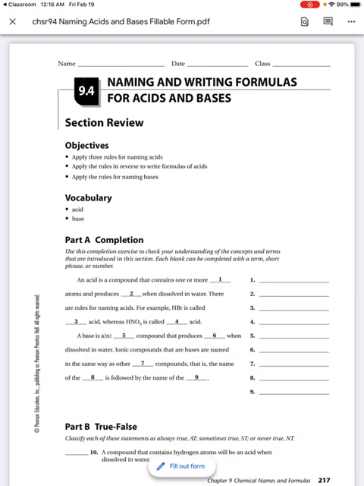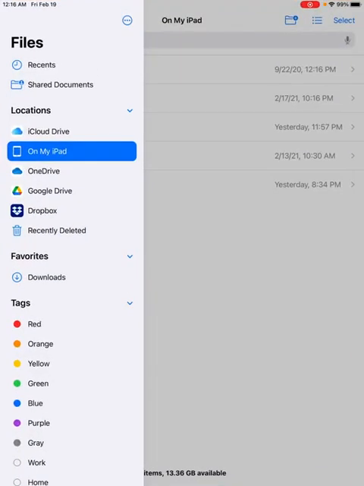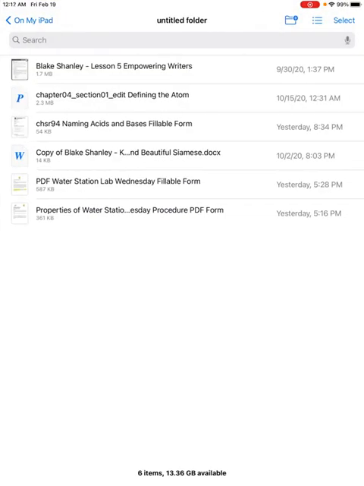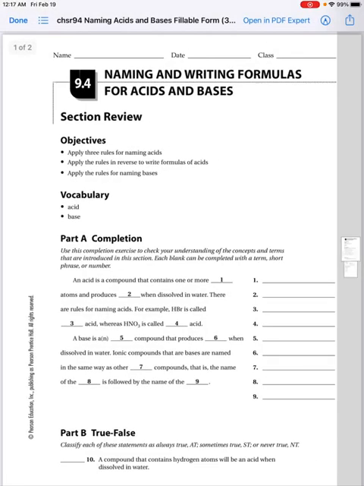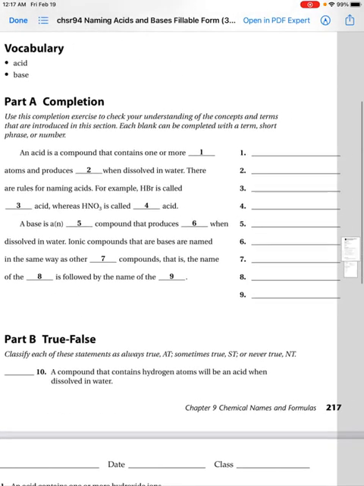Now this one I've already saved to my files here, and I want to open it so that I have the ability to annotate it with my Apple Pencil, and this is how I have to do it. So here's our assignment that's been saved, and it looks like this, and I will enlarge it slightly and go through and help you with some of the material.